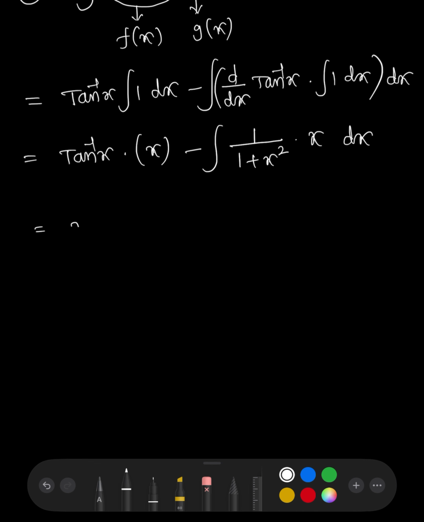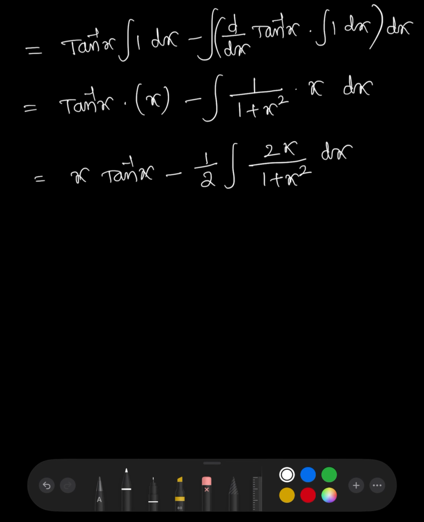Now this is x into tan inverse x minus, here if I write 1 by 2 into integration of 2x by 1 plus x square dx.